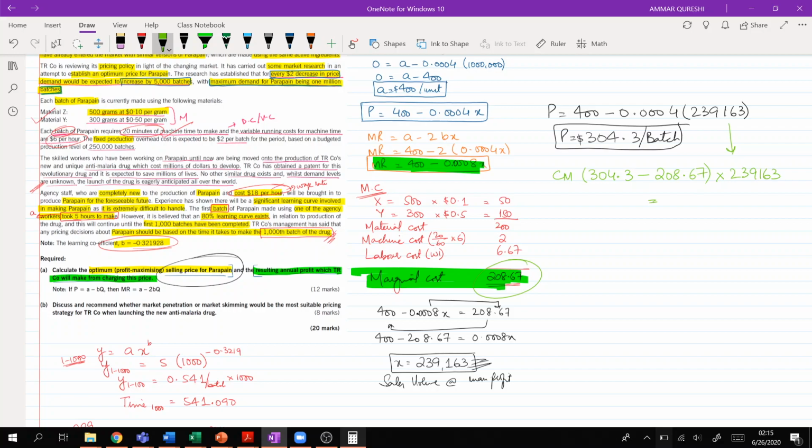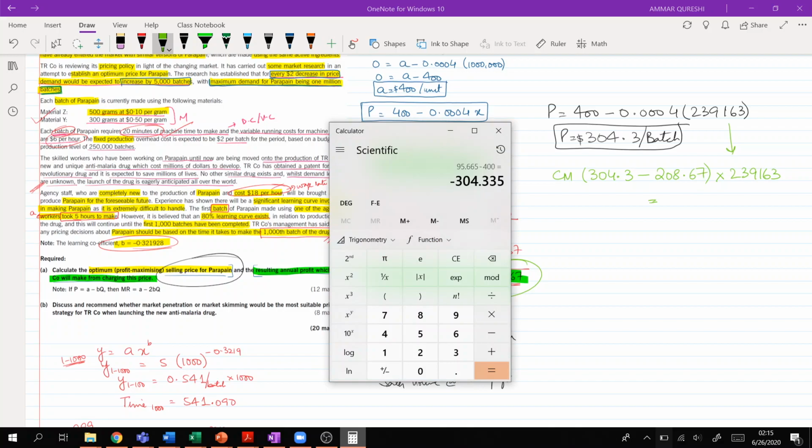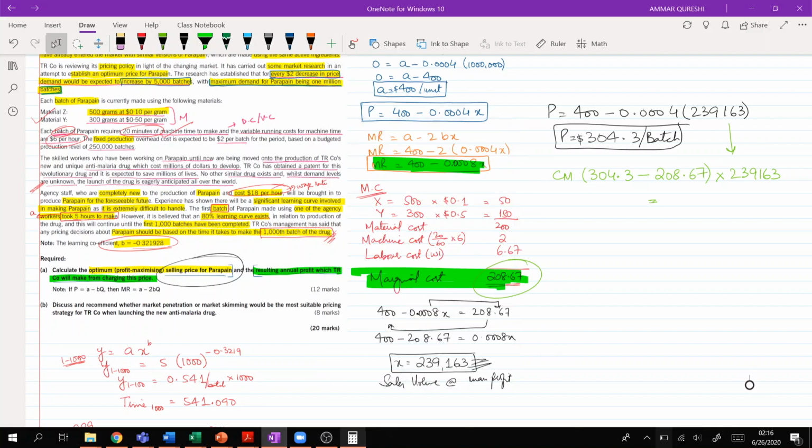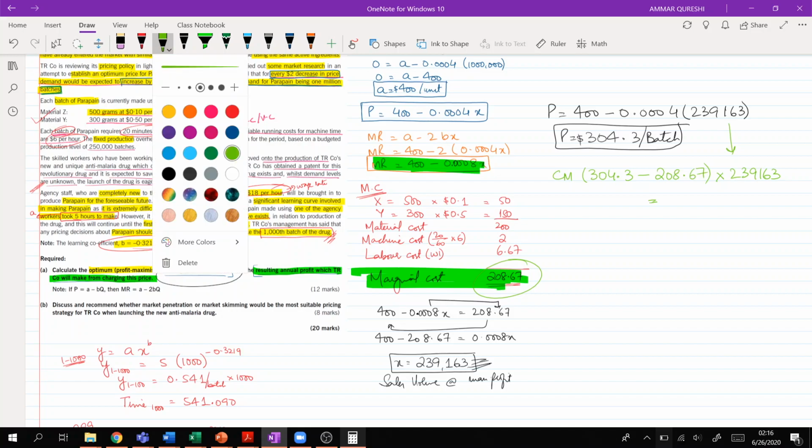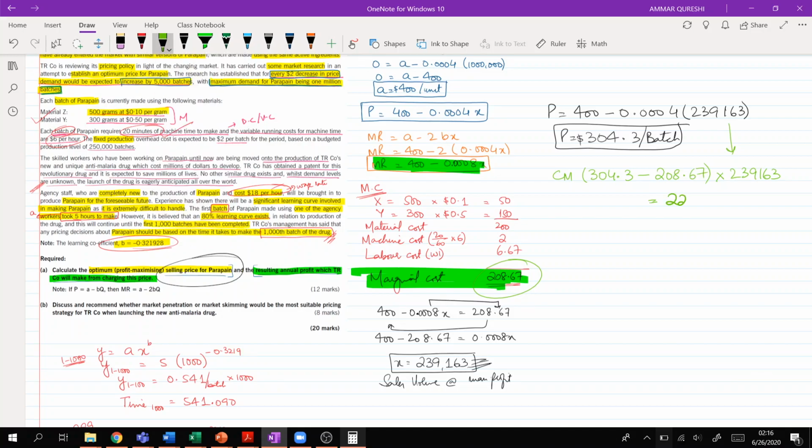So what figure will you get? 304.3 minus 208.67 multiplied by 239163, that gives 22871 and 158, right?